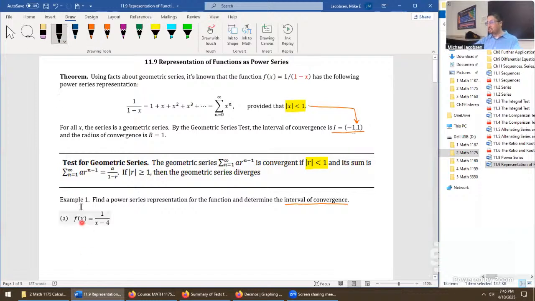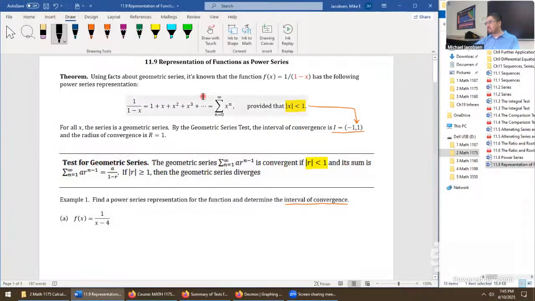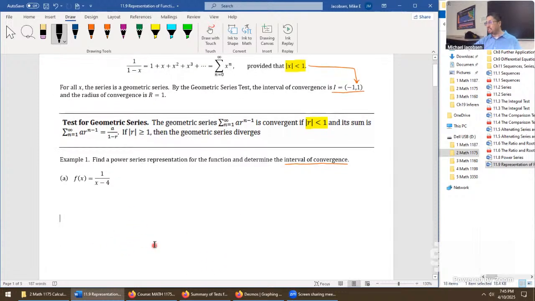Our goal now is to take a random function like this one down below, force it into this structure, and represent it this way as a power series. We'll also state the interval of convergence, which makes sense because we want to know for what values of x does that power series representation even make sense. It's not always a large value, at least not in these notes here.